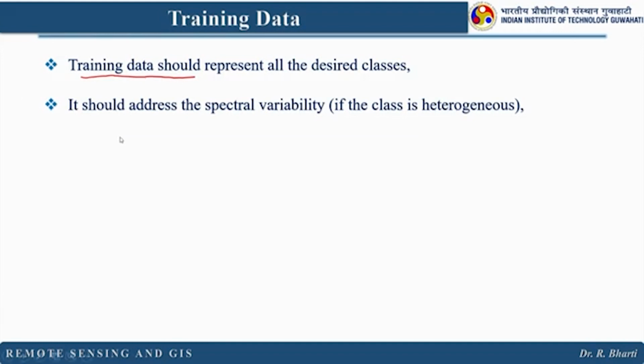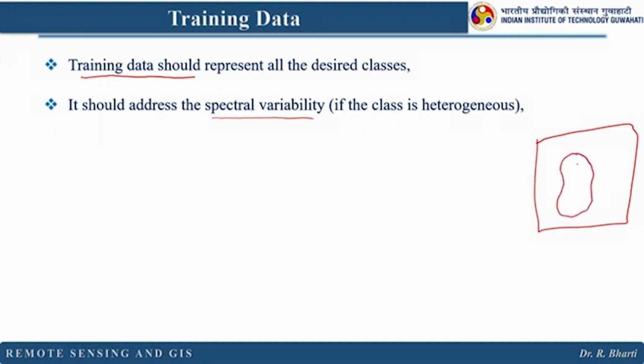It should address the spectral variability if the class is heterogeneous. Spectral variability means, suppose this is the image, and this is the forest class. You may find some of the pixels, if you have displayed it in FCC, will be more red or dark red, and some will be very light, right?